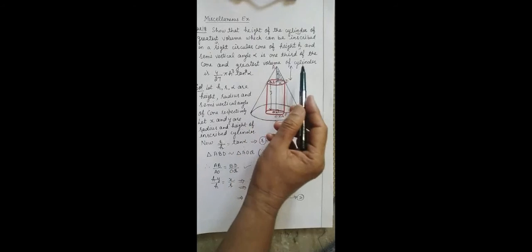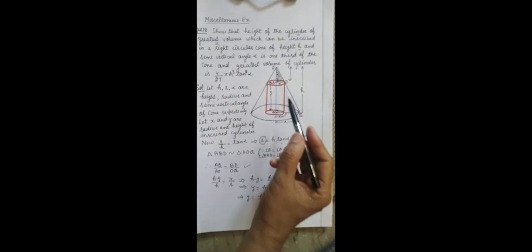So let us see again in the statement what is the requirement of my question. So the question states, first of all, I have to show that height of the cylinder is 1/3 of the cone. That means height of the cylinder is y.